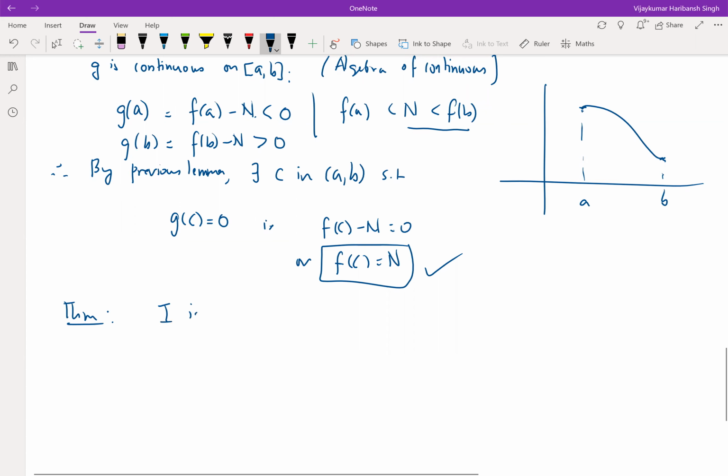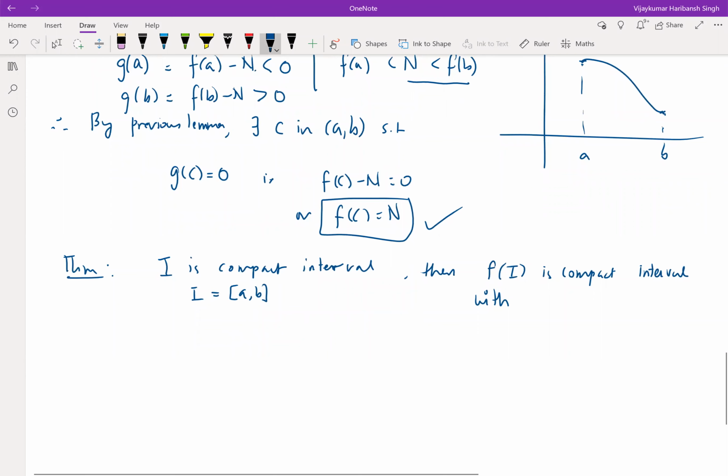If I is a compact interval, that means basically I is of the form [a,b], then f(I) is a compact interval, where f is continuous.